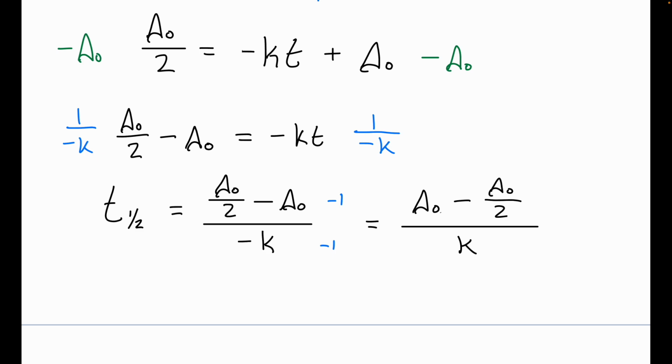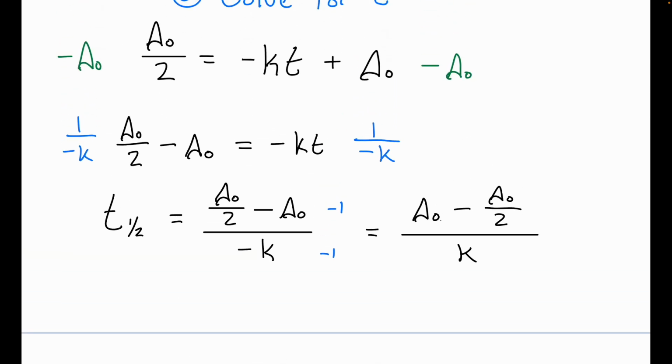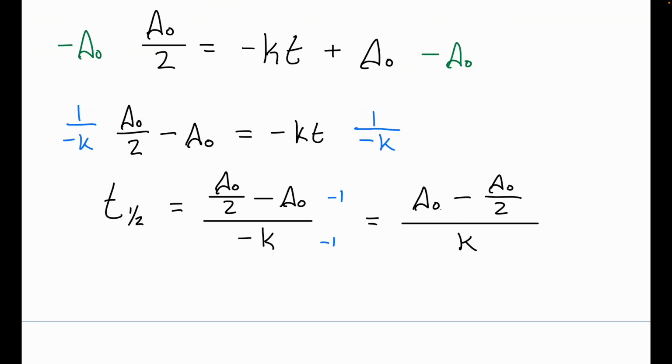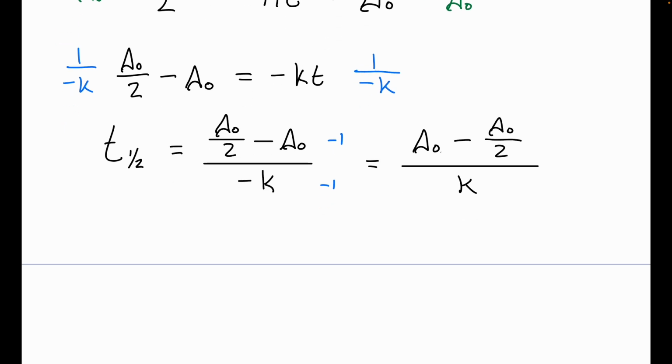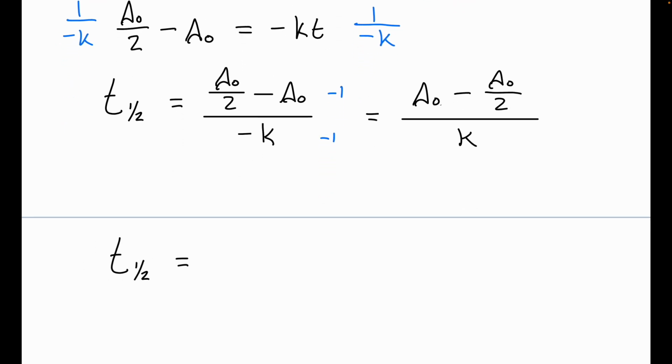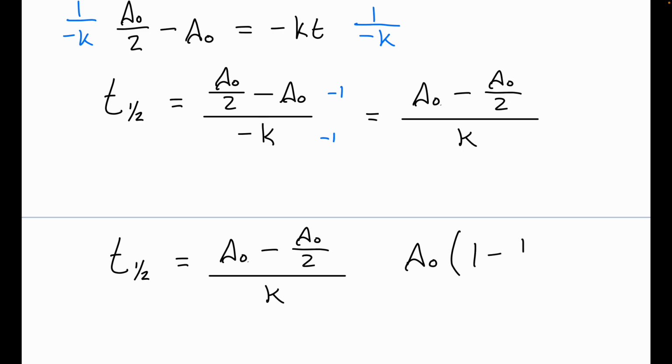Let me get more room here. And this is like everybody's least favorite algebra step here, is factoring that A naught out of both of those terms. Right? So this is the same thing as A naught over 1 minus 1/2.